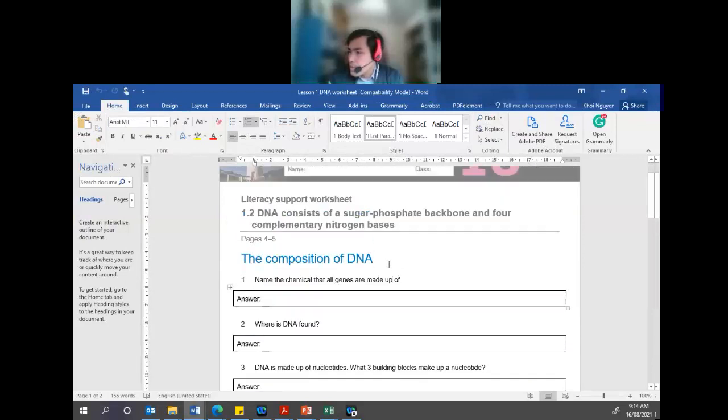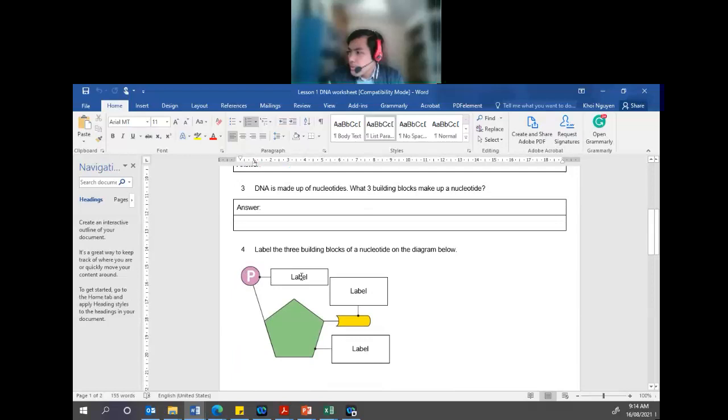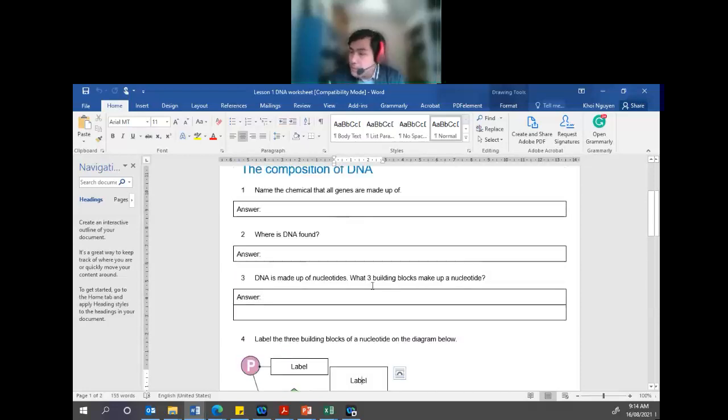So here's the DNA worksheet, and there are a few questions on here. Some of these you just have to change the label, and you can have a look at the PowerPoint to work out the answer for these. Also, if you've got the textbook, you can have a look at the textbook as well.